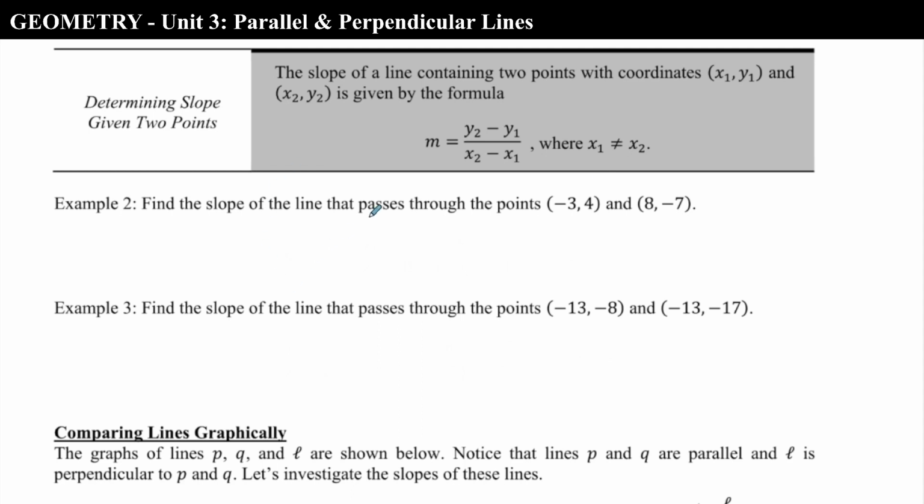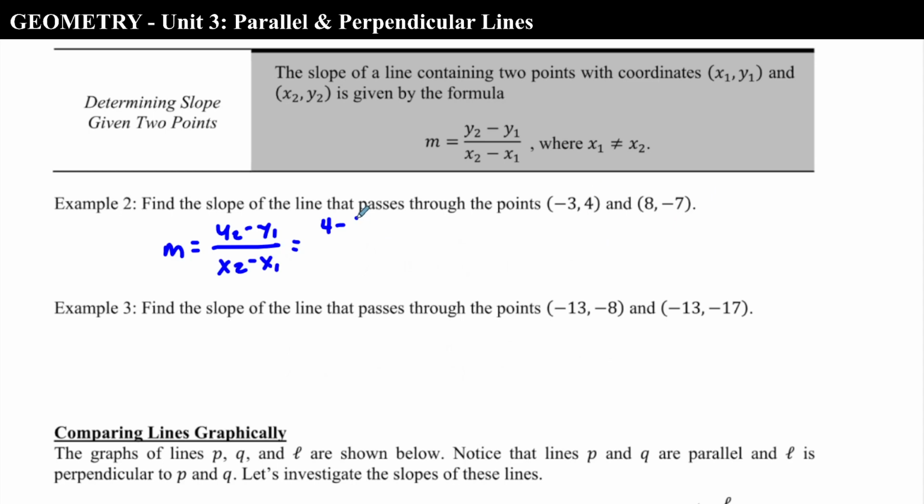So let's find the slope of the line that passes through the points (-3, 4) and (8, -7). So we are going to do y2 minus y1 over x2 minus x1. Well, let's just make our y2 the first y here. That's 4. It doesn't matter which set of coordinates is your 1s and which one's your 2s, okay?